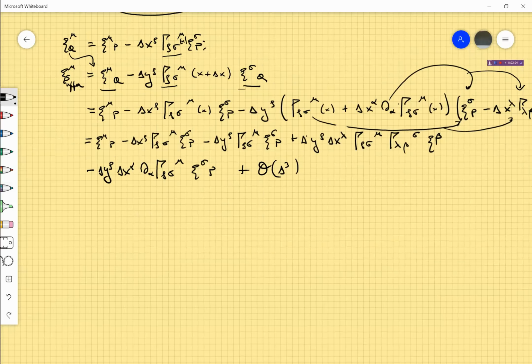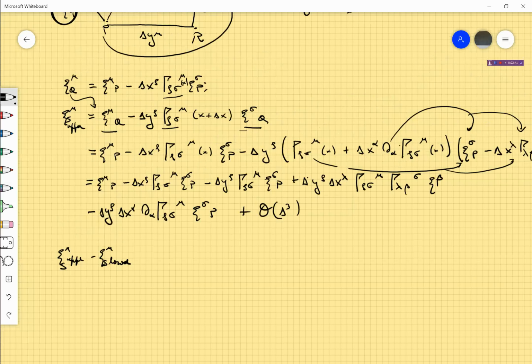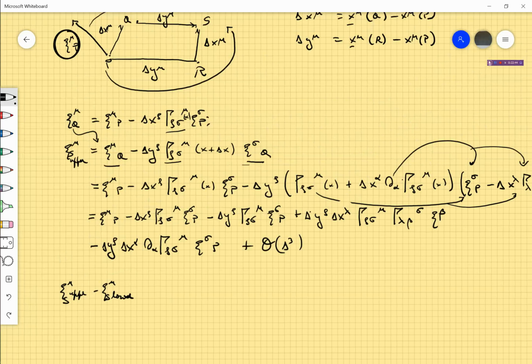Okay, now we are interested in computing psi mu upper minus psi mu lower. So these are the vectors. The psi mu lower would be the same but obtained along this lower path.